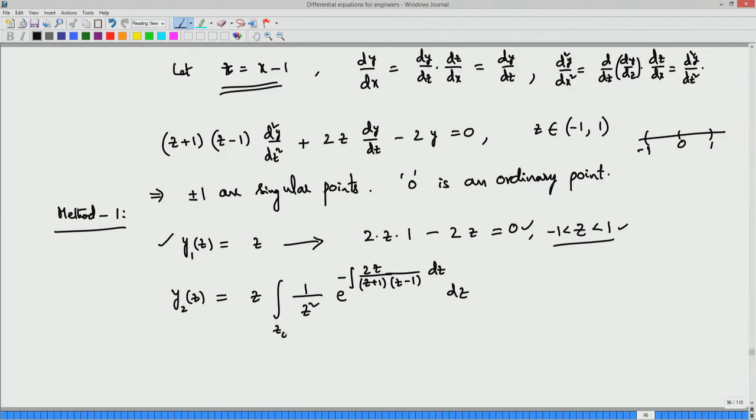You can fix it from z naught to z, and make z a dummy variable inside, because 0 is part of the domain.